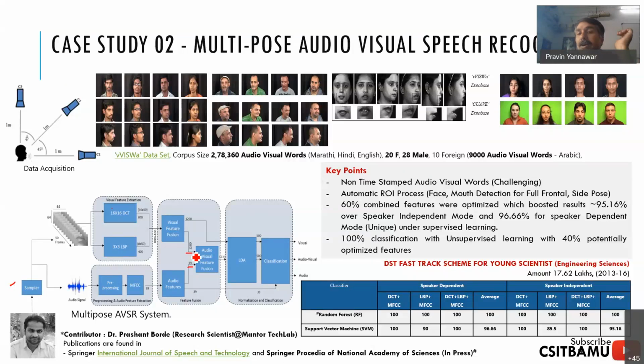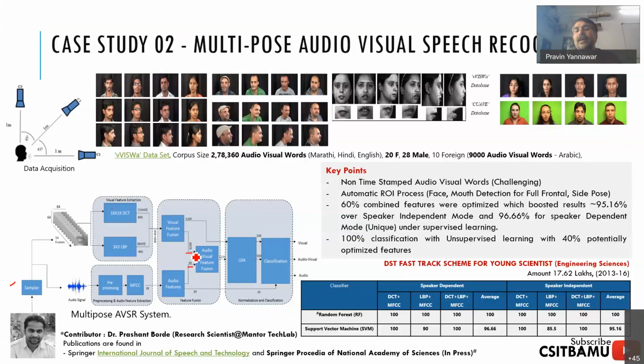Then there is automatic ROI, region of interest identification. The region of interest identification lies with only the visual part, not with the audio part. So that is again very difficult, right? That means ROI identification, mouth position for face, mouth detection, full frontal and side pose. We have done it very easily for full frontal, but it becomes very difficult when it goes to side pose.